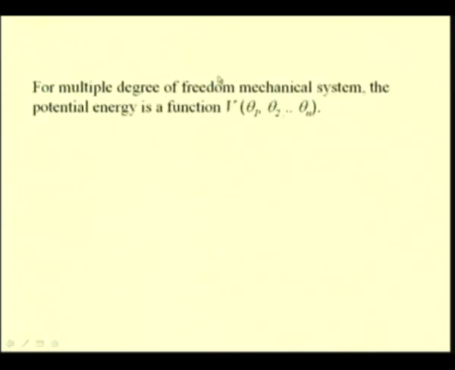If we have a multiple degree of freedom mechanical system, then the potential energy is a function of each of those independent coordinates which define the configuration of the system. Say theta 1, theta 2 up to theta n are the independent coordinates defining the configuration of the mechanical system.